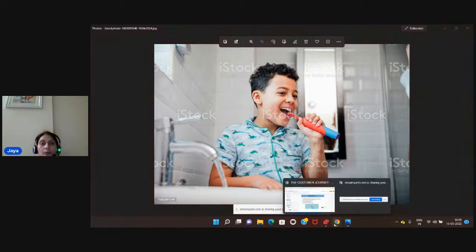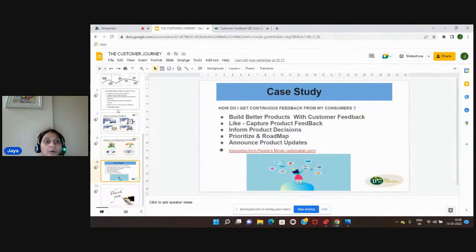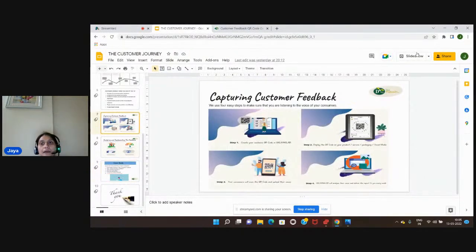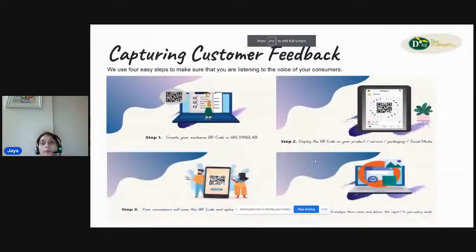So I was discussing the customer feedback, which is a really important part of it. I'm representing the company, and customer feedback is really important for it. When you're using this electric toothbrush, after using it, you can get that customer feedback.